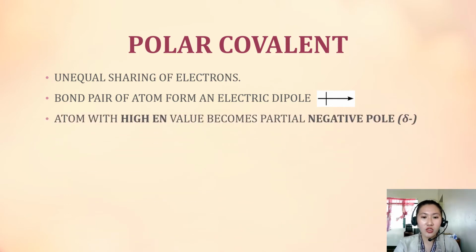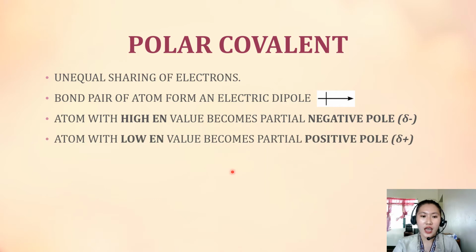Okay, an atom with high electronegativity value becomes the partially negative pole. So this is how we illustrate the negative pole, delta negative, okay? And then an atom with low electronegativity value becomes the partially positive pole.